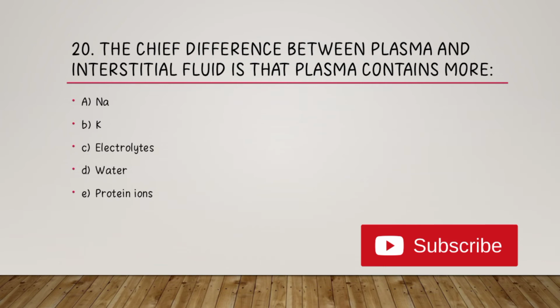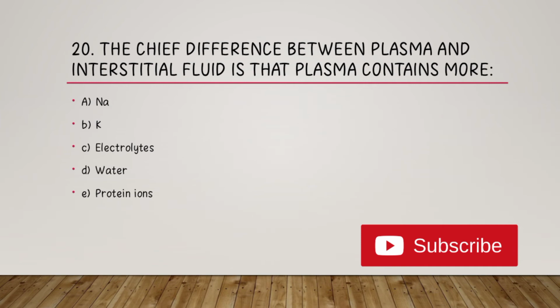Number 20. The chief difference between plasma and interstitial fluid is that plasma contains more dash: A, sodium; B, potassium; C, electrolytes; D, water; E, protein ions. So what do you think is the right answer?